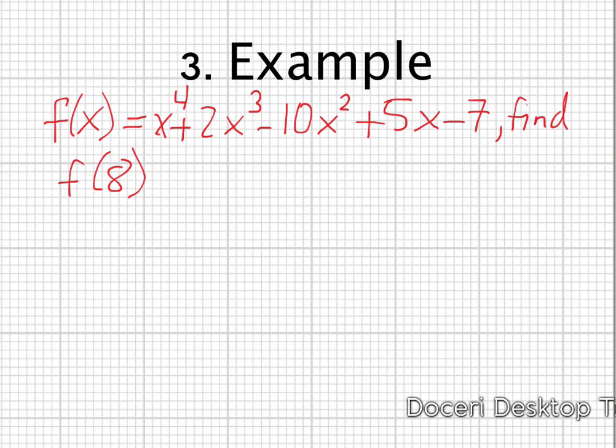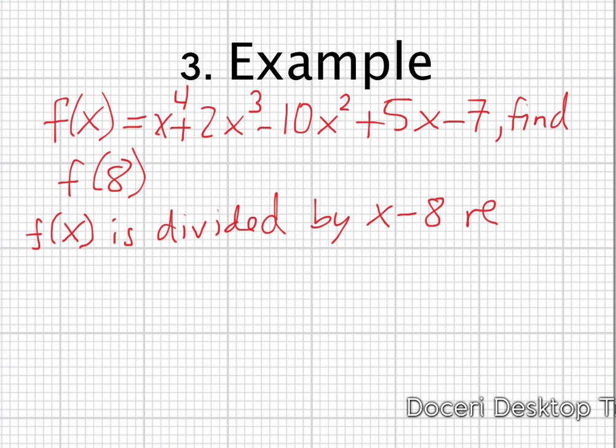So because you haven't seen synthetic substitution before, we're going to use this. So if I use f of x divided by x minus 8, the remainder, using the remainder theorem, will be f of 8, which is what I want to find. So if I divide by x minus 8, that will tell me what f of 8 is actually equal to.